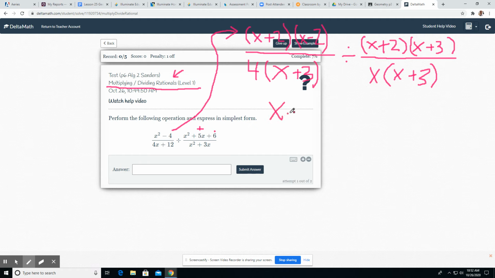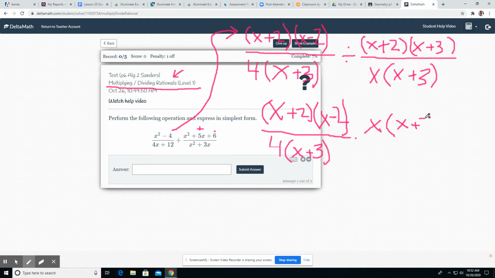So the first one, I have x plus 2, x minus 2, over 4 times x plus 3, times, then we flip the fraction. So that's an x plus 3 on top. On the bottom, x plus 2, x plus 3.